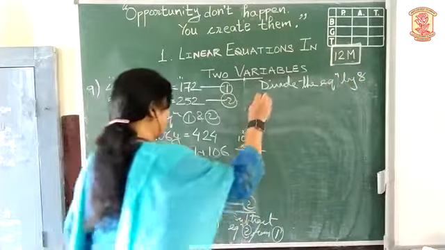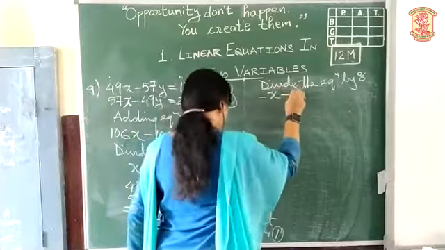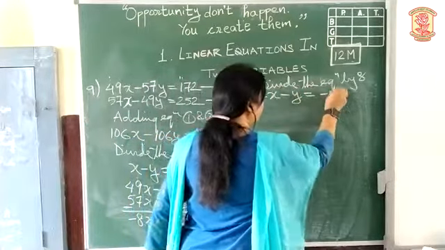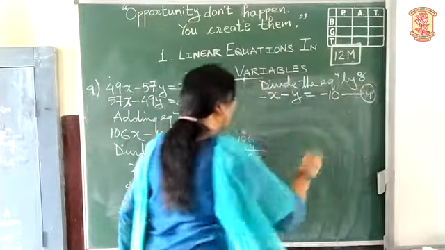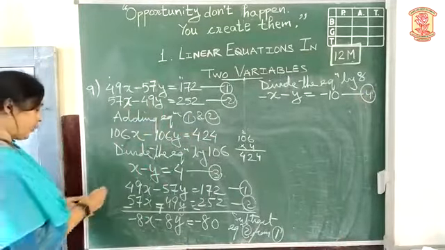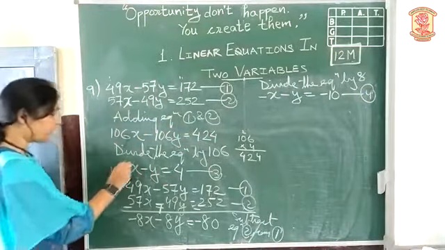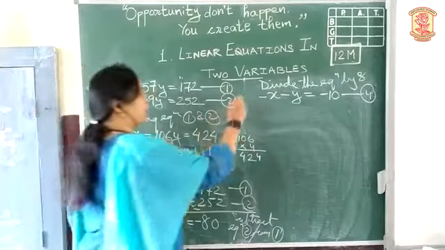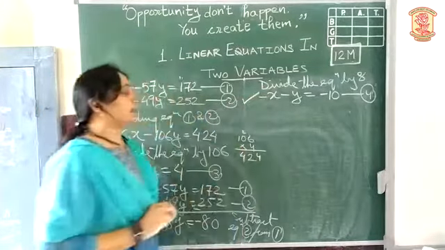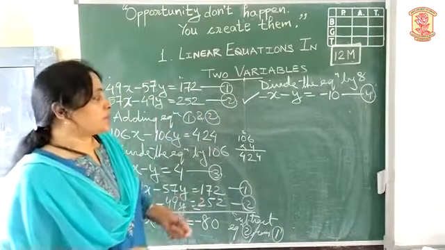So we get minus x minus y equals to minus 10. This is the fourth one. So we added, we got this equation, that is x minus y equals to 4. We subtracted and we got this, that is minus x minus y equals to minus 10.